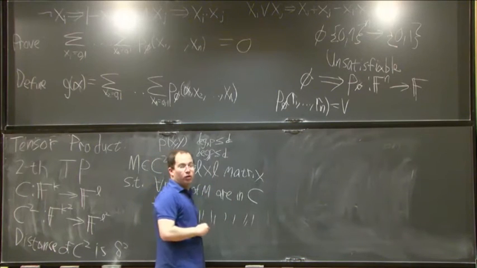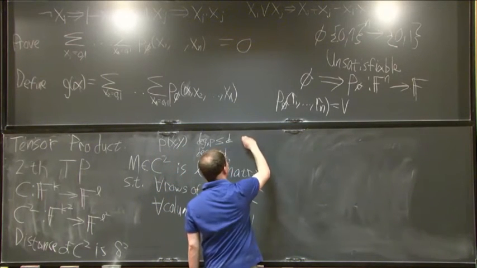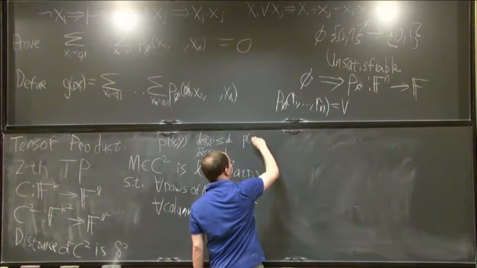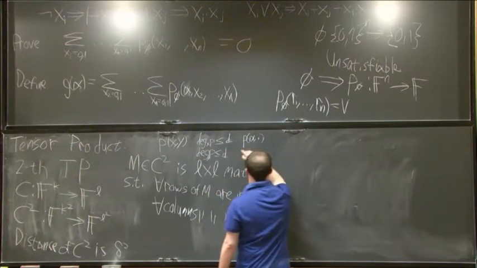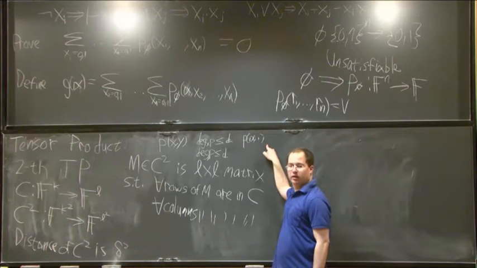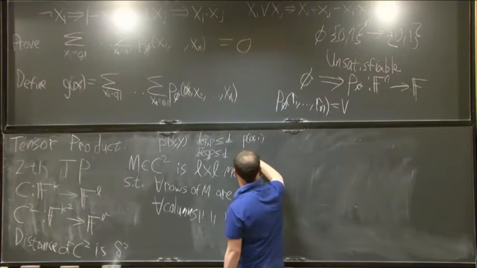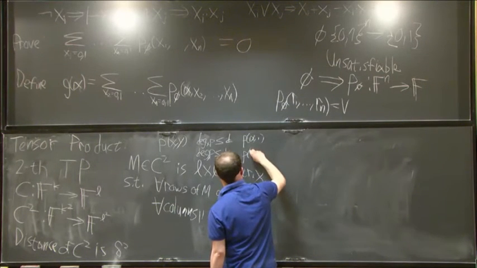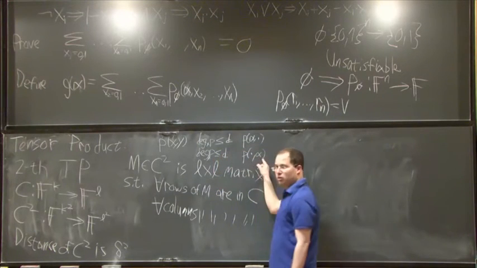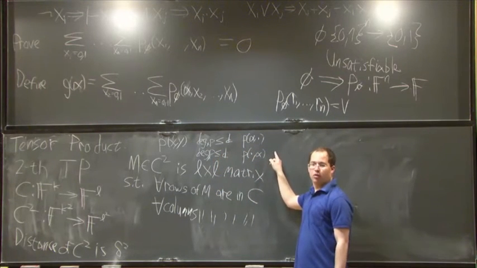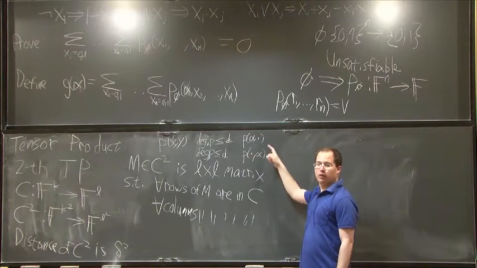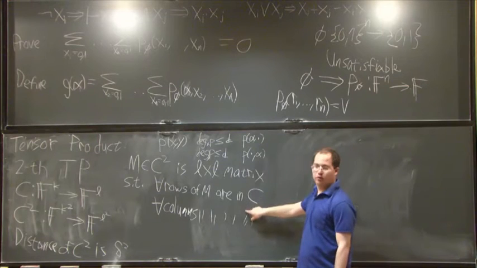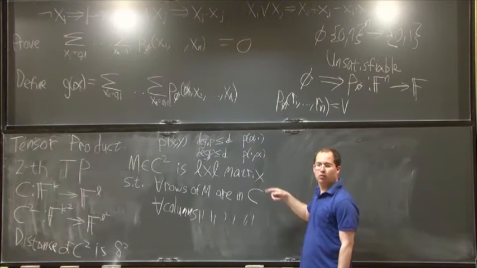This is true if and only if p with x fixed to alpha, for every fixed alpha, is a univariate polynomial of degree at most d, and p with y fixed to alpha is a polynomial of degree at most d. So this is a special case of this tensor product construction.